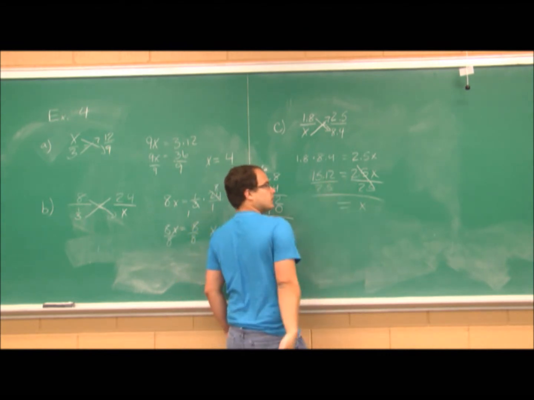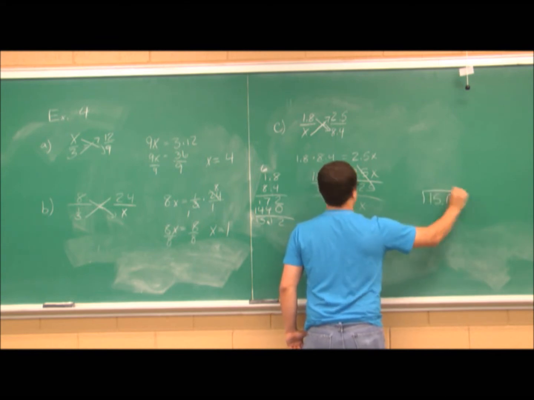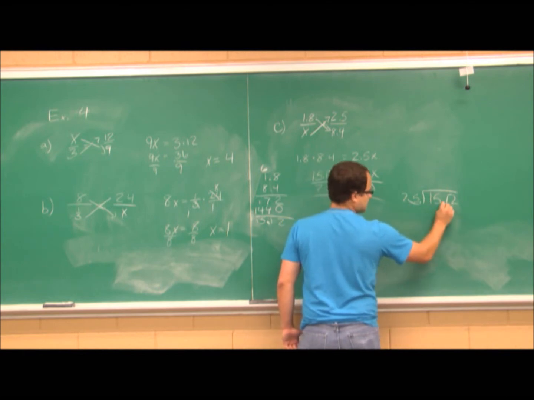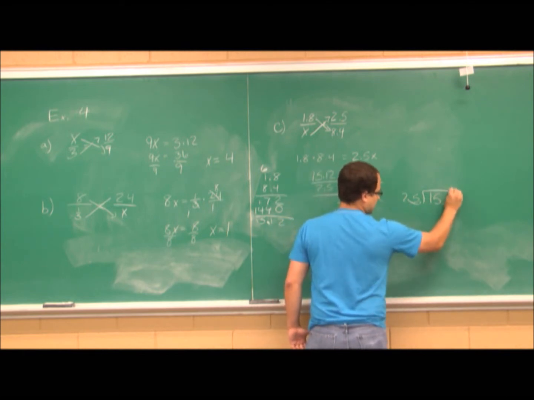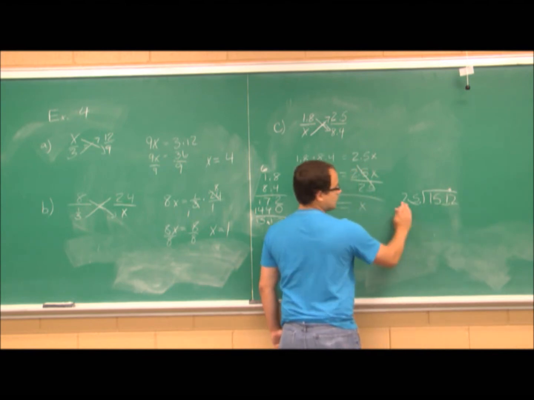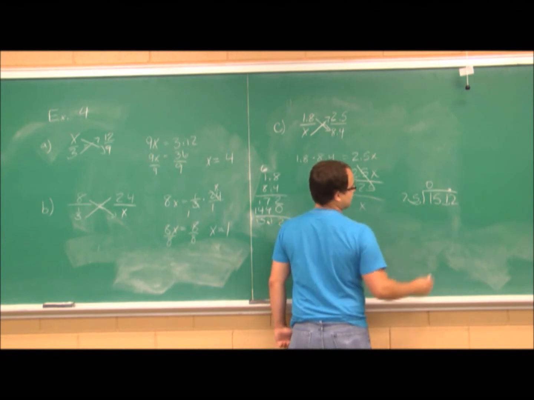Now, do this long division. 15.12 divided by 2.5. I have to move the decimal once here, and it goes straight above where it is. Does 25 go into 1? No. Does 25 go into 15?